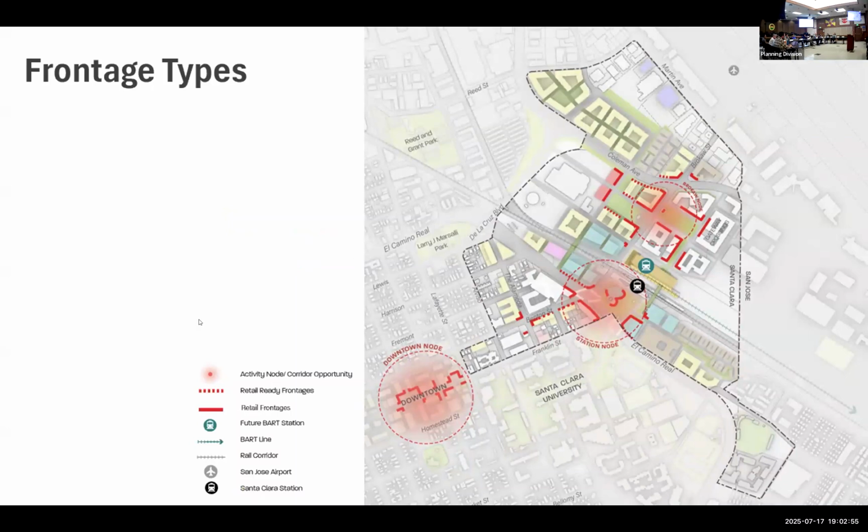Those are retail ready frontages. And the idea with that is that their characteristics need to be developed at the time of construction in a manner similar to retail itself, but they don't have to have retail uses from day one. It just allows for the market to sort of play out.